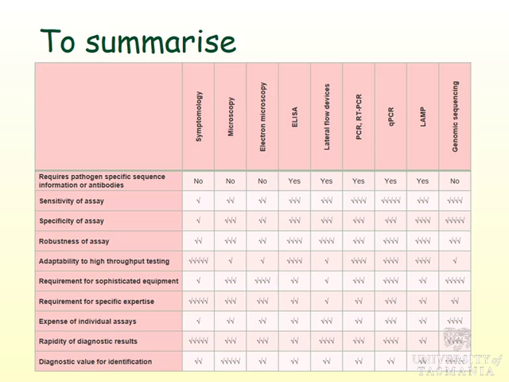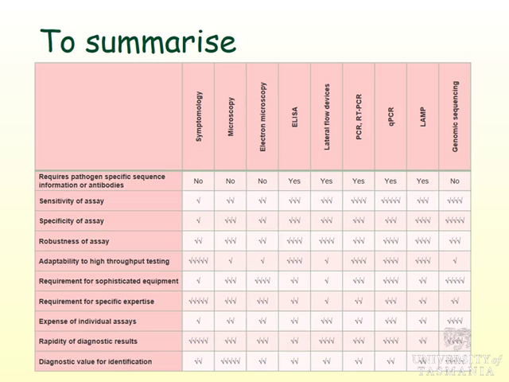ELISA, well yes, you need an antibody. Lateral flows, PCR, all of these you actually need to know what you're dealing with, you need to have some information. Genomic sequencing, no, you can do that without any knowledge at all. Sensitivity ranges from pretty poor through to incredibly good. Robustness, some of them like ELISA, really good. Some of them like genomic sequencing and electron microscopy can be a bit flaky.